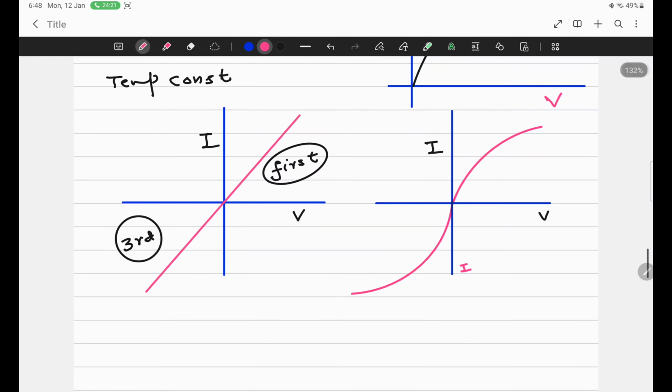So you have to draw the graph in the first quadrant and in the third quadrant. Question: what is the meaning of third quadrant? I am explaining. First, you should note down.